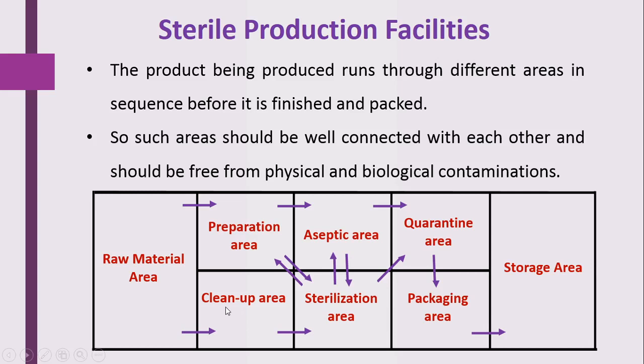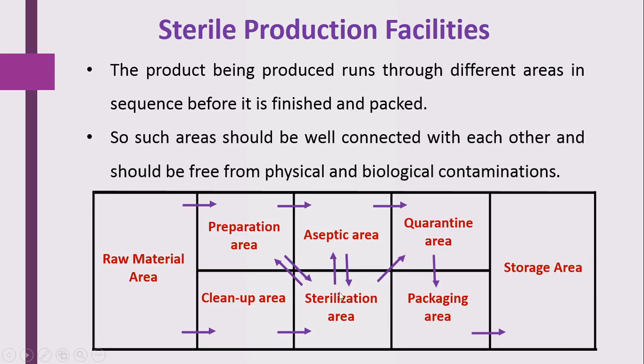The cleaning of containers is carried out with the help of distilled water as well as chemicals. If it is necessary to sterilize the container, it is sent to the sterilization area.